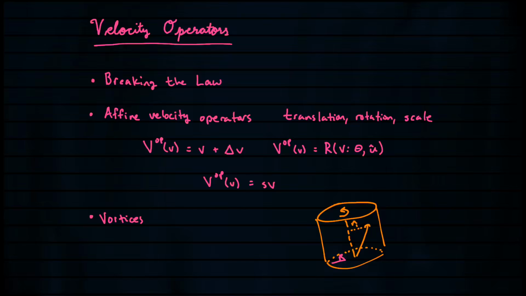and depending on the distance from the base of the cylinder to the current projected height of the current velocity, so the current velocity is over here.